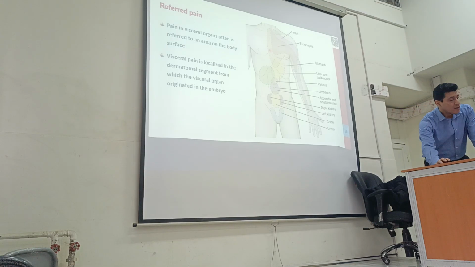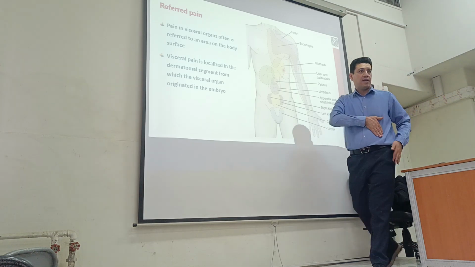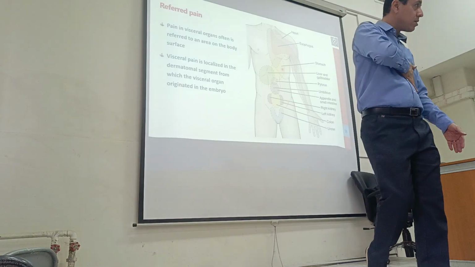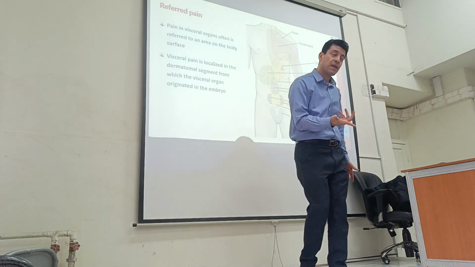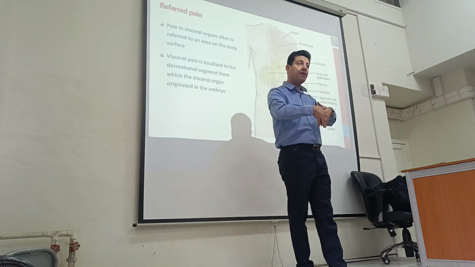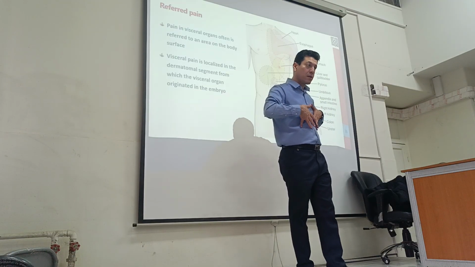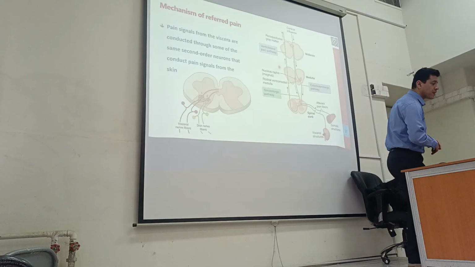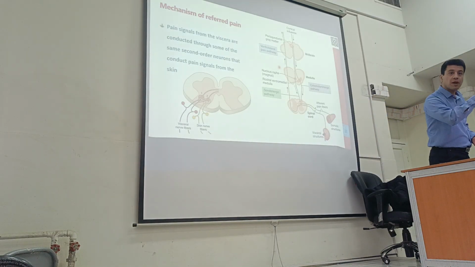So we may have also, for example, let's say stomach pain that is referred to the skin in this region, right? So this is referred pain. Instead of feeling the pain inside the body, we feel it in the surface, right? This only happens for visceral pain, not for somatic pain, right?